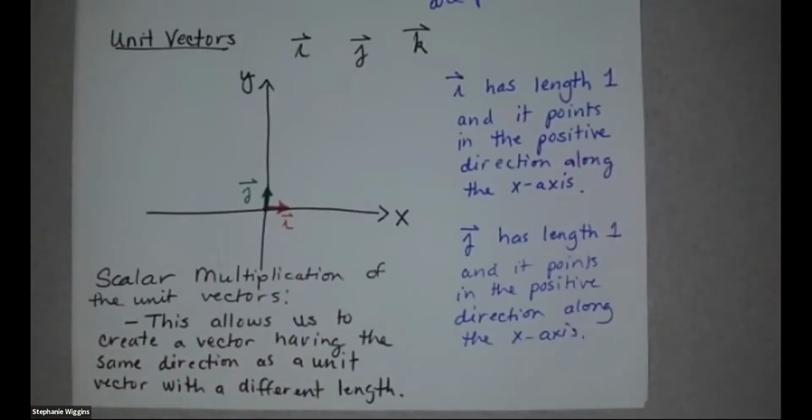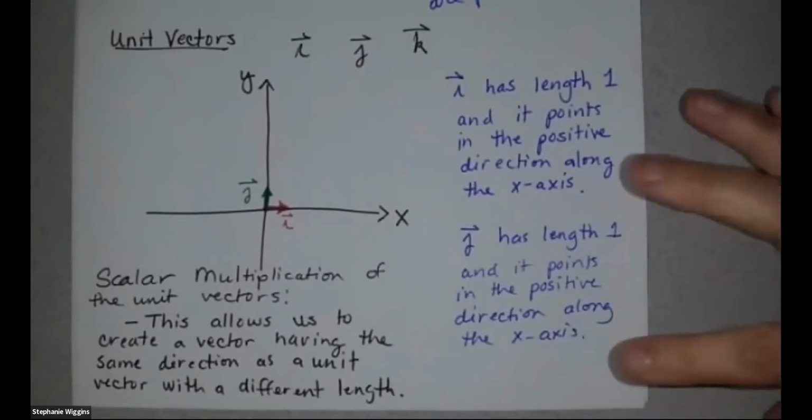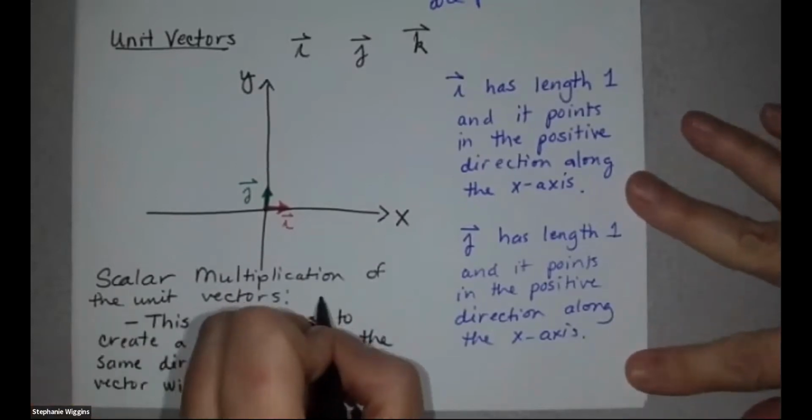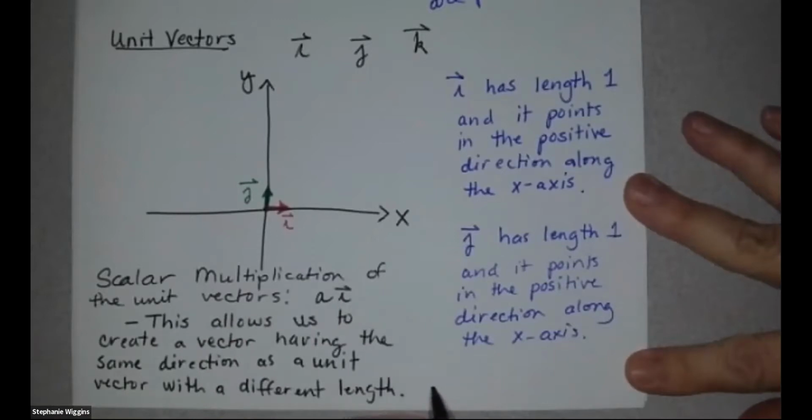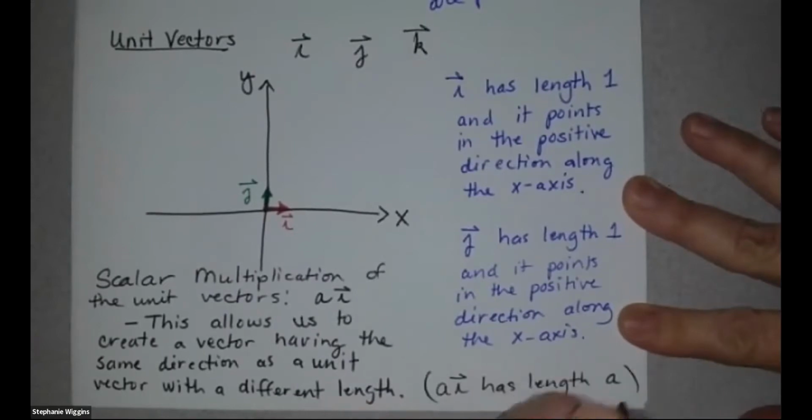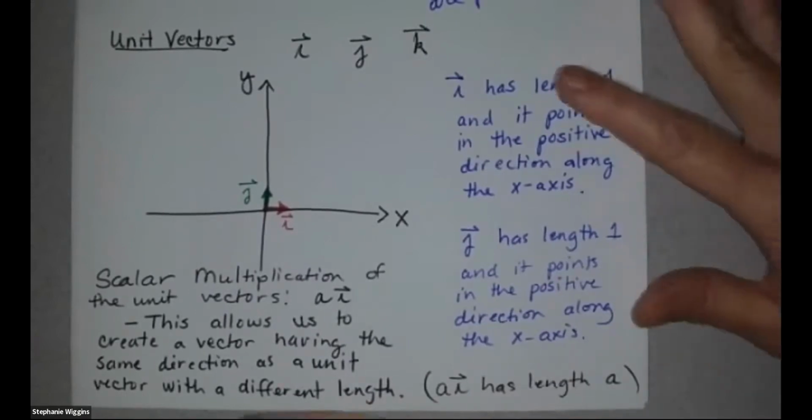So let's say a times i, okay? ai has length a. a is just a constant, right?